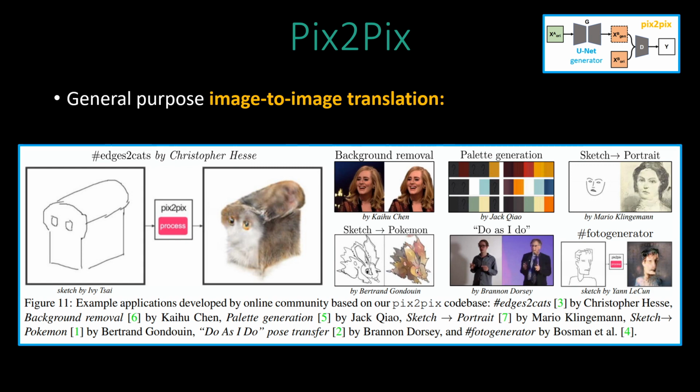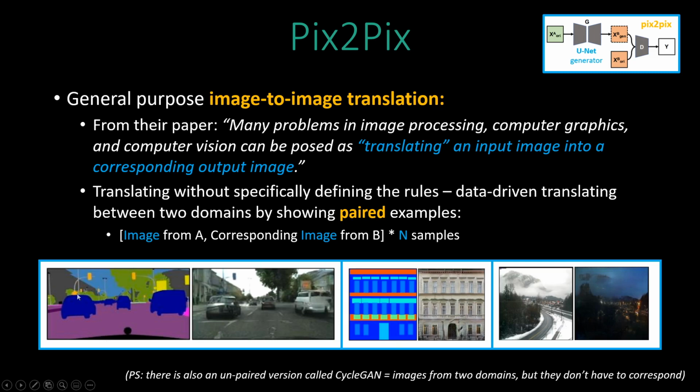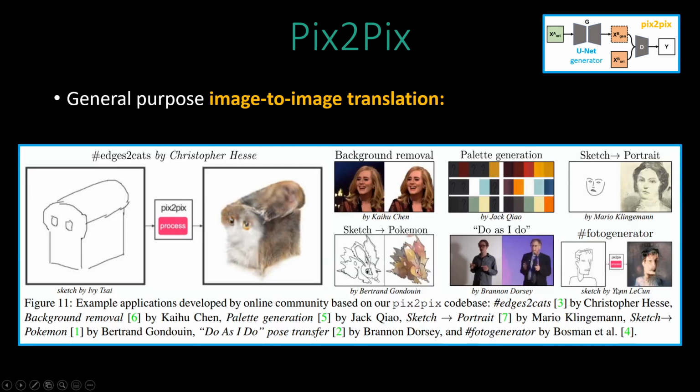examples. The original paper was sort of already including some uses that the community created. So from these demo examples, they were mentioning also some samples that people just trained on their own data. I guess the one type is represented by these: the edges to cats, sketch to Pokemon, and sketch to portrait, and possibly even the photo generator.